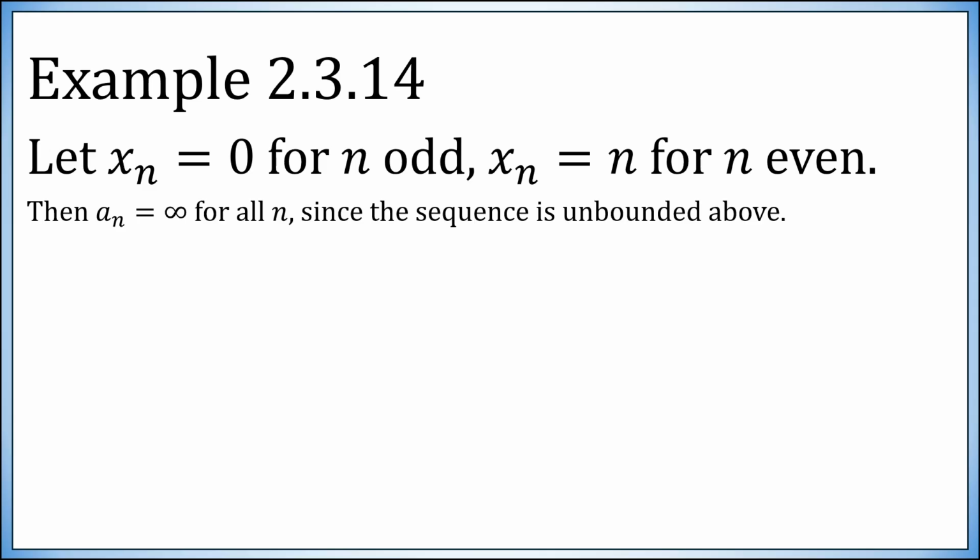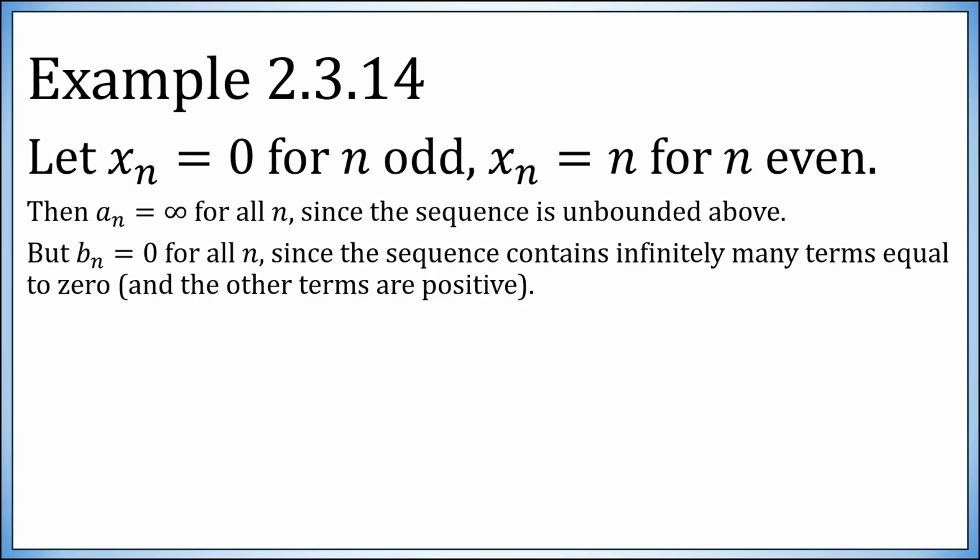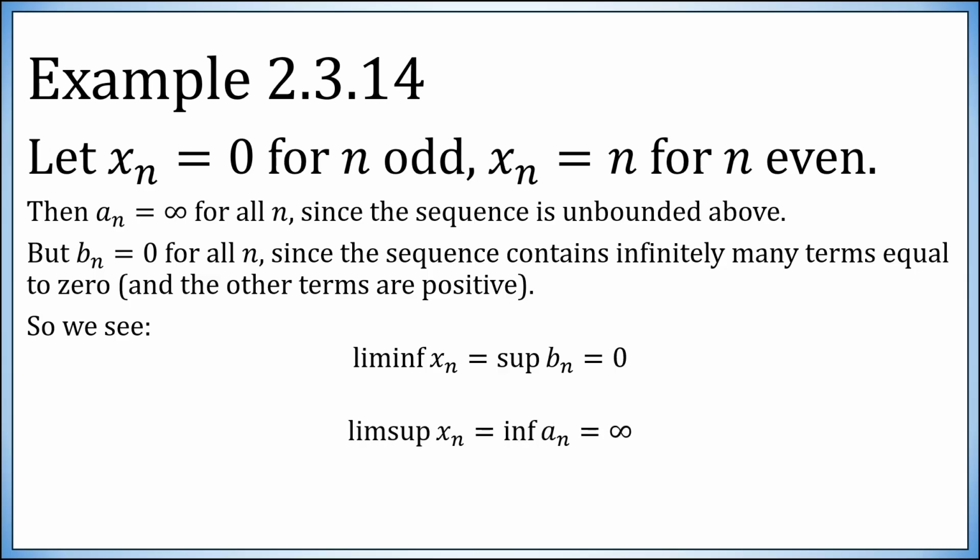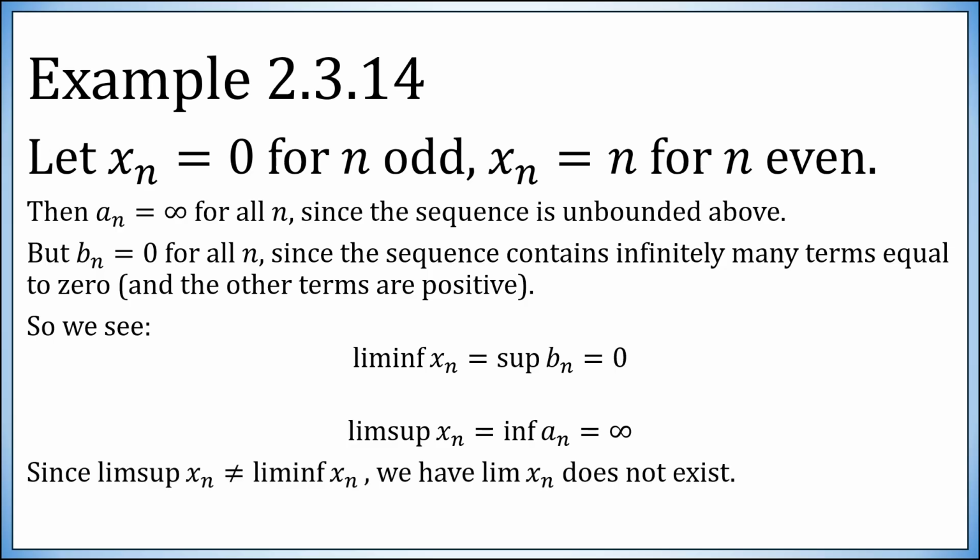So the sequence is unbounded above, all of the sups are infinity. However, all of the infs are 0 because every other term is simply 0, and the other terms are positive. So the lim_inf is the sup of just a bunch of zeros. That's 0. The lim_sup, since it's unbounded above, is plus infinity. Because the lim_sup is not equal to the lim_inf, the limit does not exist.